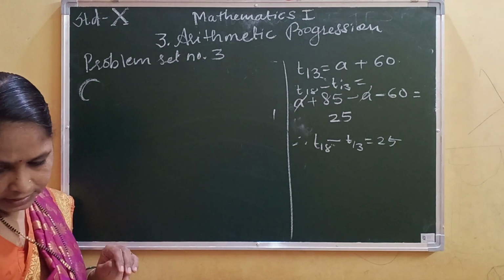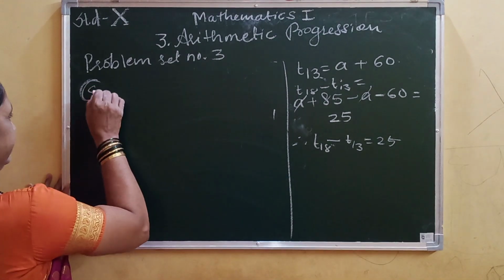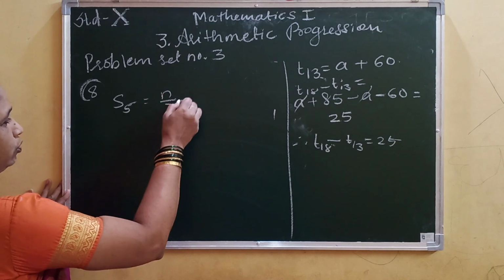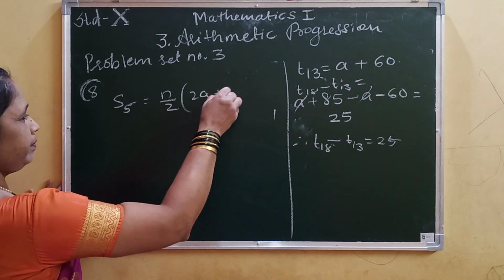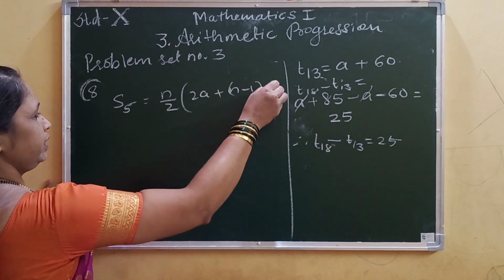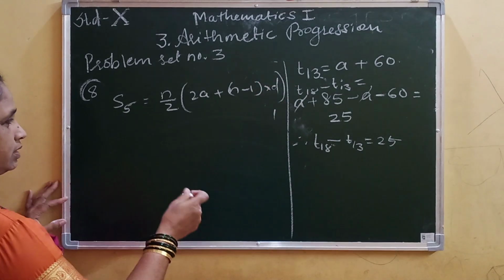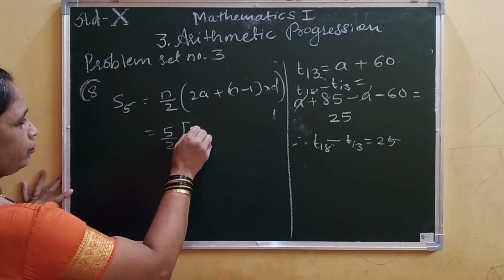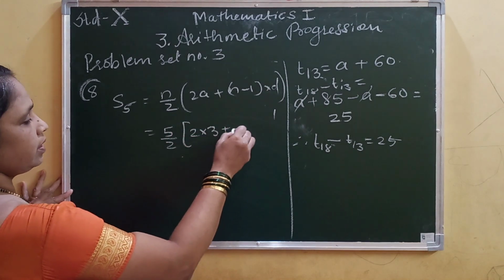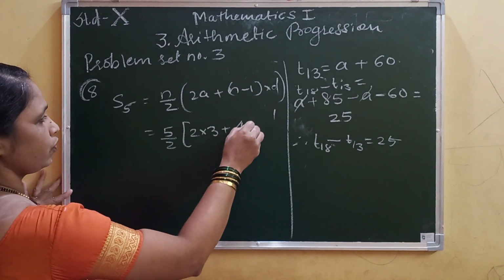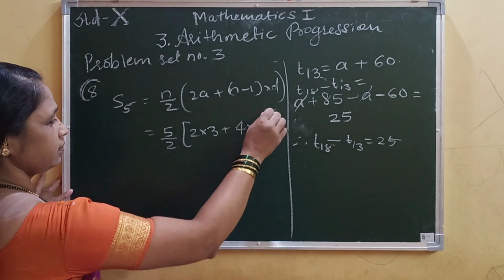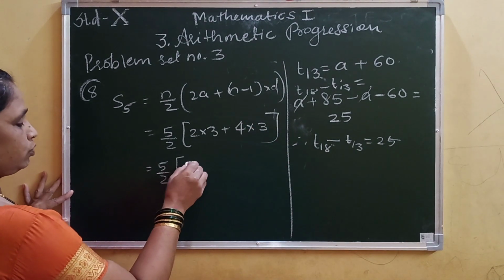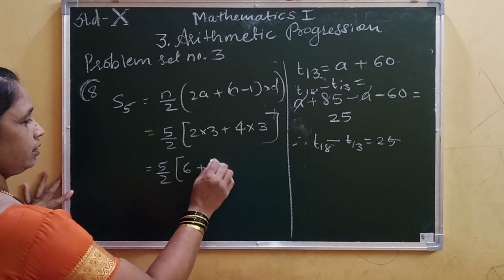Now your example number 8. S5 is equal to n by 2 bracket 2a plus n minus 1 into d. Now the difference is 3, n is 5. The first term is 3, so 5 upon 2 into 6 plus 5 minus 1, which is 4, into the difference 3, which is 12.